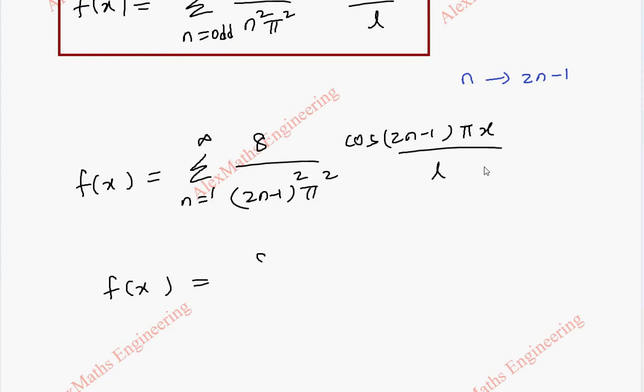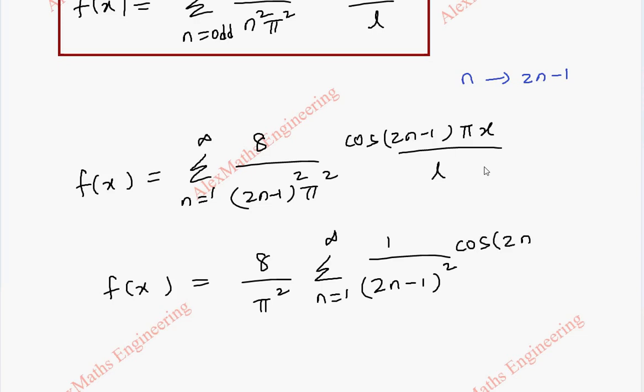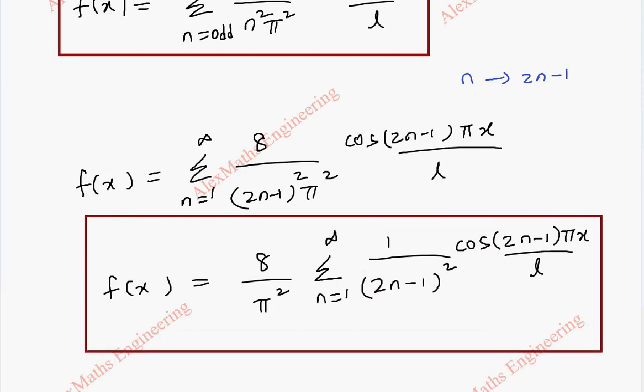The constants are 8 by pi square. After taking it outside, we have summation n equal to 1 to infinity 1 by 2n minus 1 whole square into cos 2n minus 1 into pi x by L. This is the required Fourier series expansion.